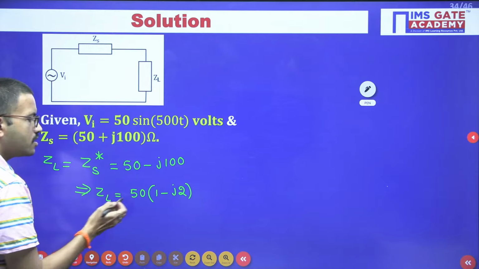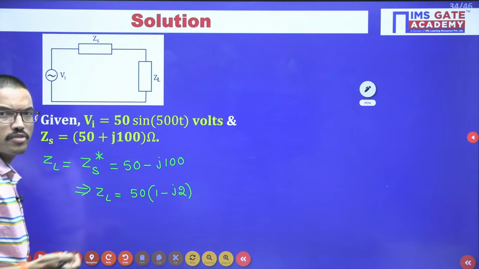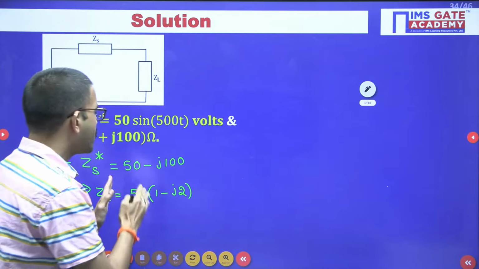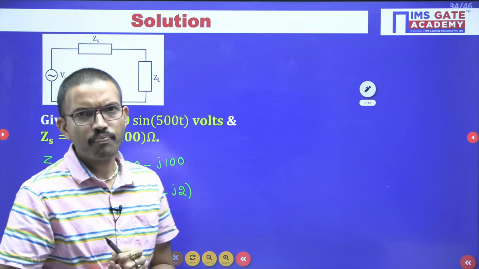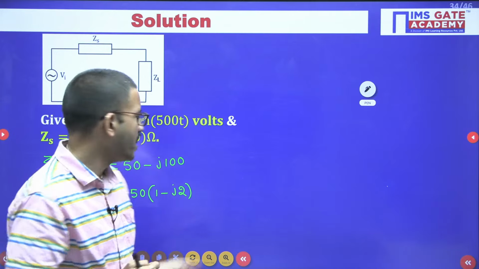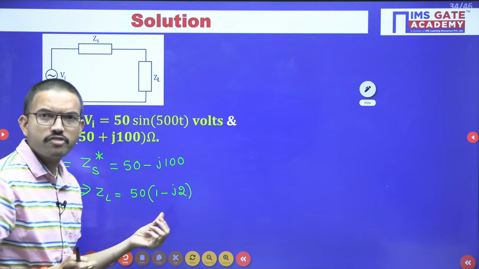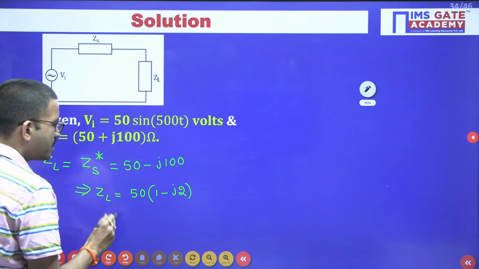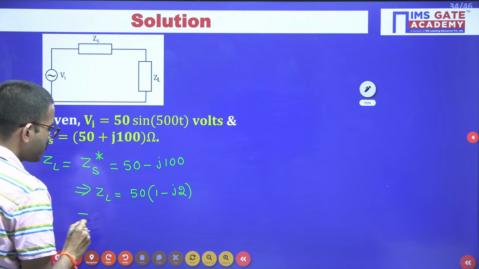Now you have the A minus jB format. Whether it is A plus jB or A minus jB, that is a complex number in rectangular form. You can convert it into polar form, R at an angle theta, that is, represent it as magnitude and phase.